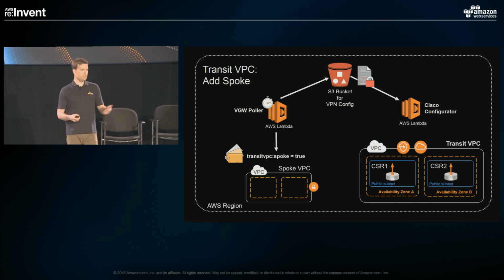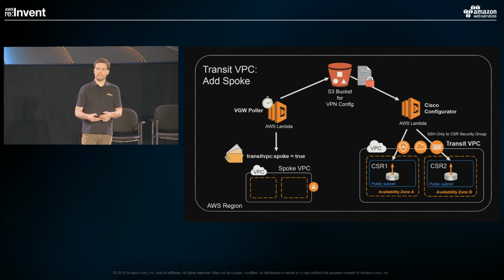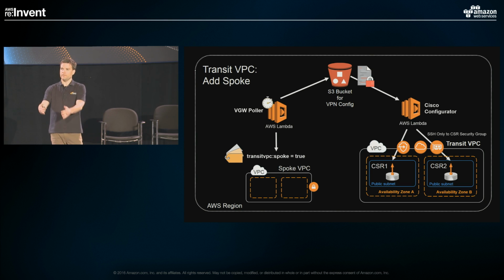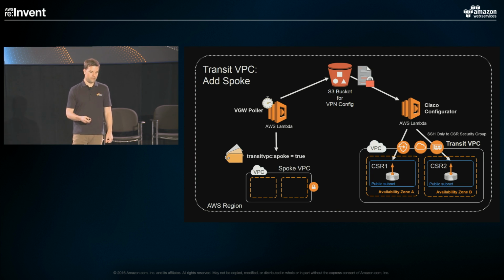That launches a Cisco configuration, takes that configuration, puts it into something Cisco-friendly, and then uses the same private access, Lambda access, so it creates an ENI, has permissions to SSH into your transit routers, and pushes that configuration into the CSRs automatically. So within a matter of minutes, those networks are connected, the tunnels come up, BGP shared, everybody's happy.